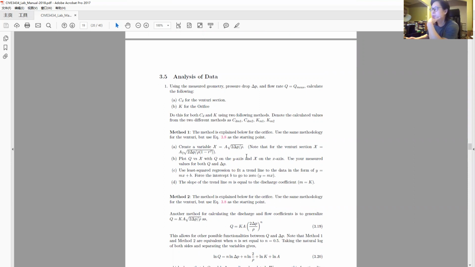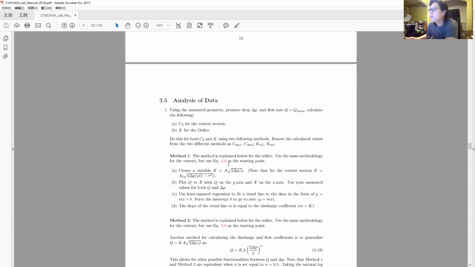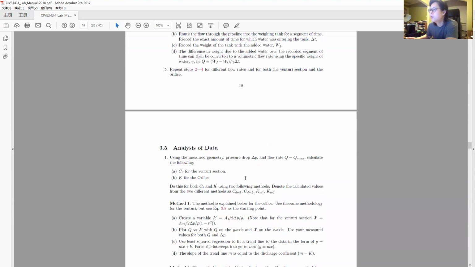For the Venturi section, you have to derive the equation by yourself. So I will only talk a little bit about the example here, for the orifice.